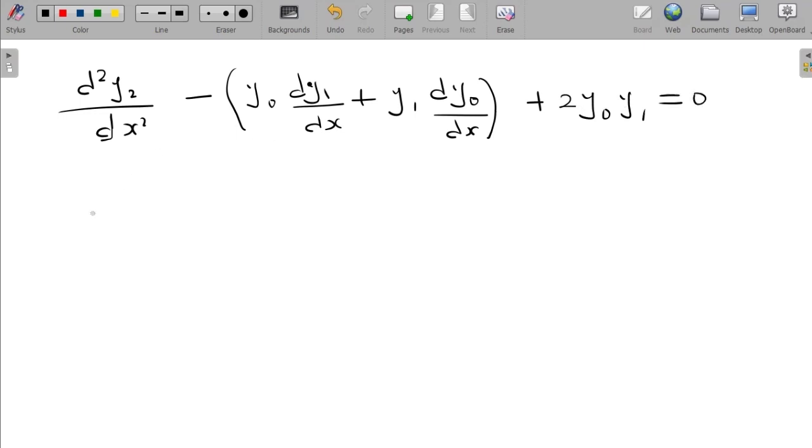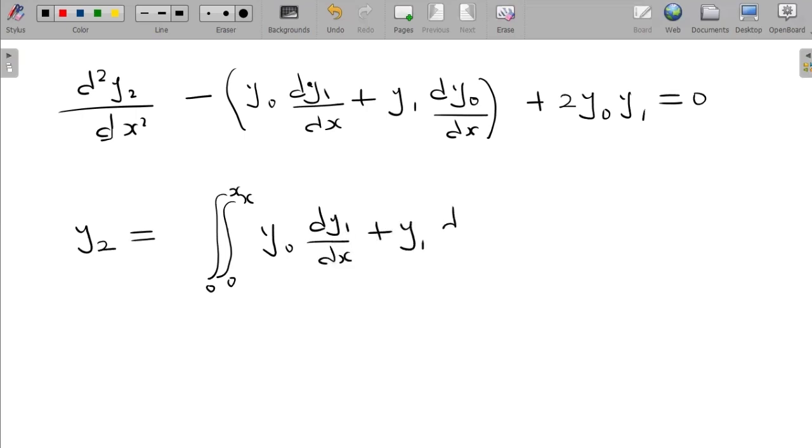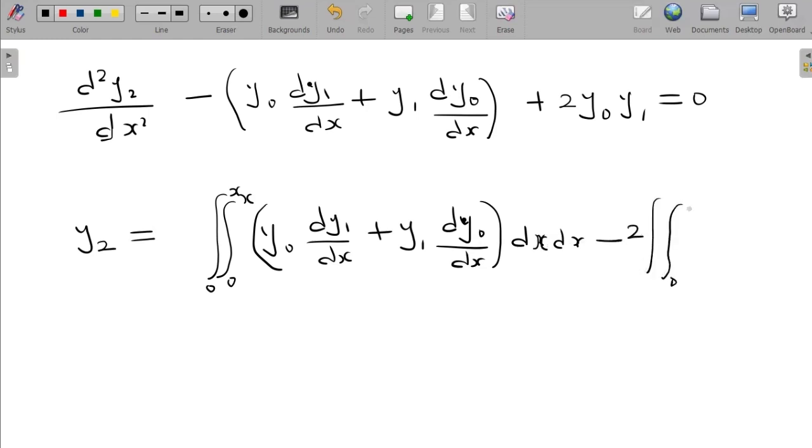So solving for y2, we have y2 equal to the double integral from 0 to x of y0 dy1/dx plus y1 dy0/dx dx minus 2 the integral of y0 y1 dx.